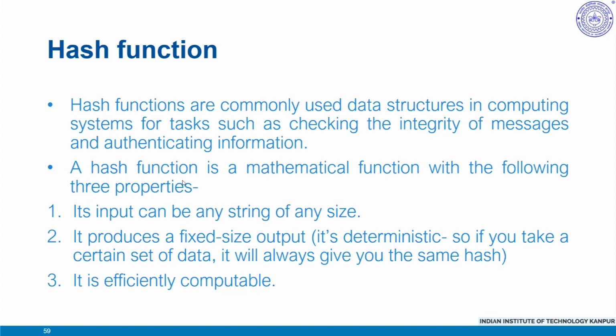Now, hashing is a very important component of blockchain technology, and it is the use of cryptographic hash functions for many such operations. Hash functions are commonly used in computing systems for tasks such as checking the integrity of messages and authenticating information.